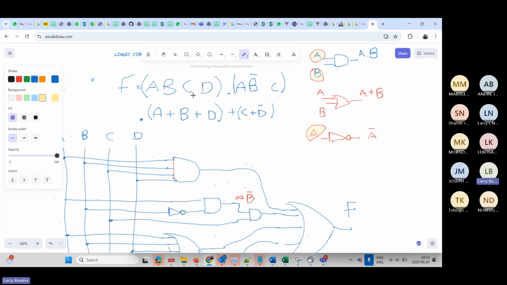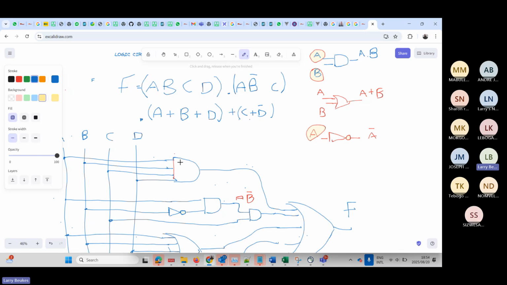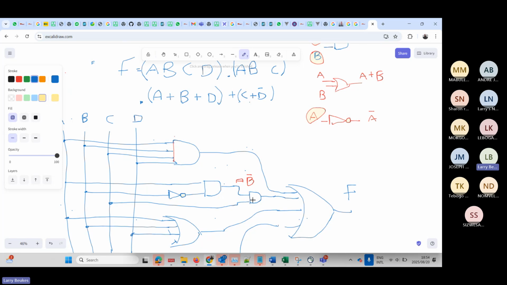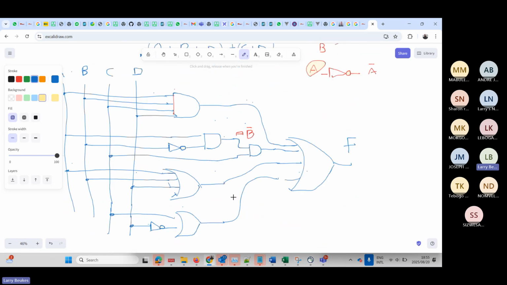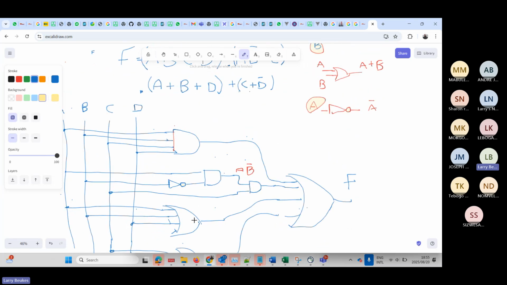Okay, so this is an AND gate, this is an AND gate. So this will make 3-input AND gates, right? So the only change is here. We have this AND gate here, then this one, let's say this gate is this, and this will be this gate here, and then this one will be this gate here.